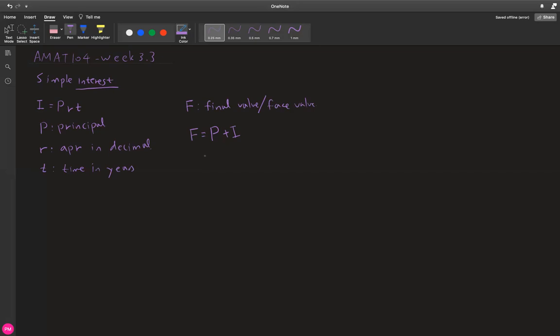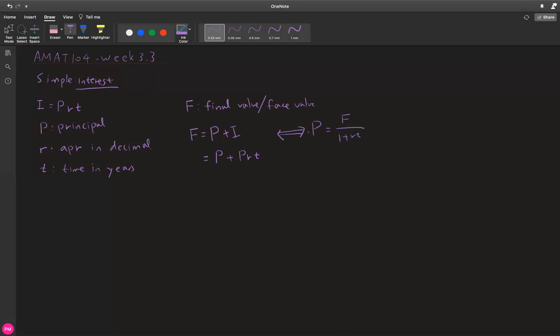And we also concluded that since I is given as PRT, we can simply write F as P plus PRT. And we went over this, and with a simple calculation, we should be able to conclude that the principal is given as F over 1 plus RT.